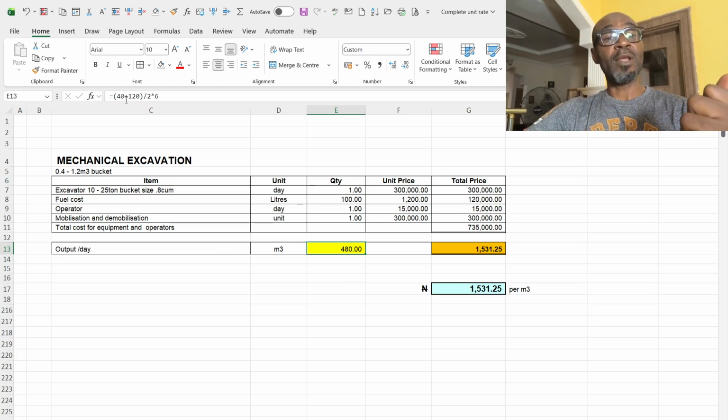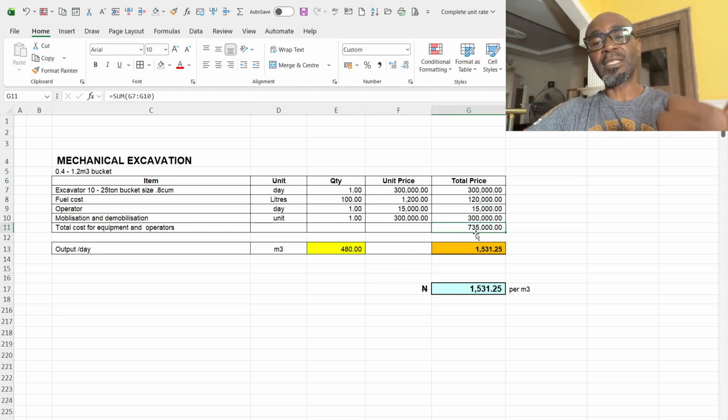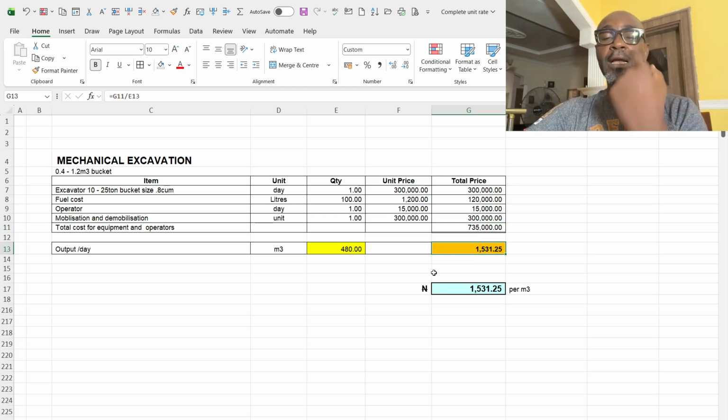Like I did say, I averaged the output for the equipment that is between 10 and 25 ton, which is 40 to 120 cubic meters, then multiplied it by the 6 hours, which is the effective working time. Then I divided the 735,000 by 480. So my cost per cubic meter gives me 1,531 naira 25 kobo per cubic meter.